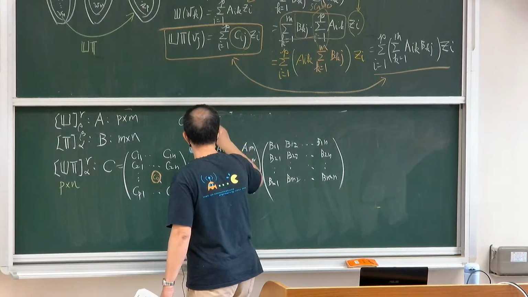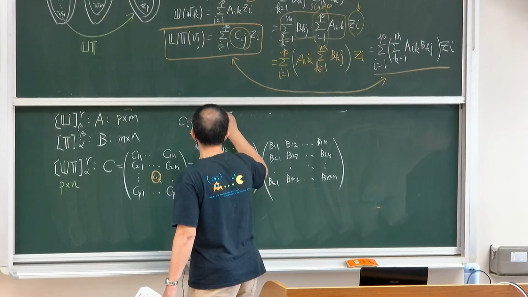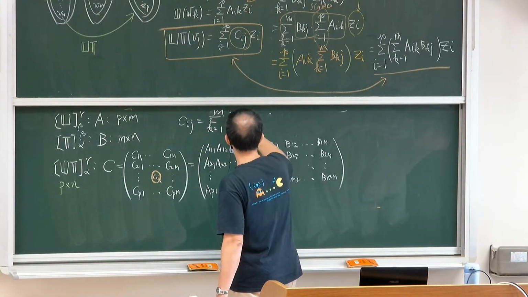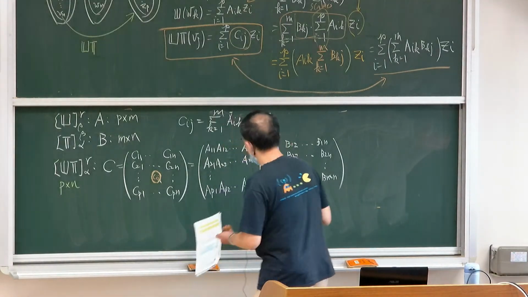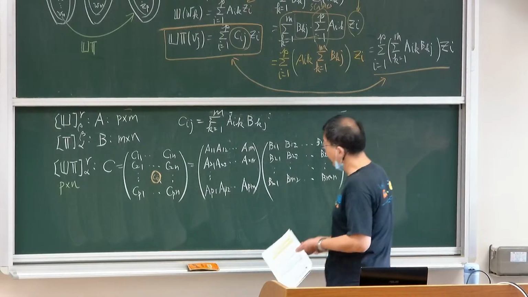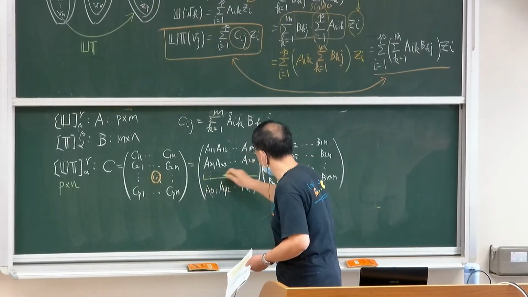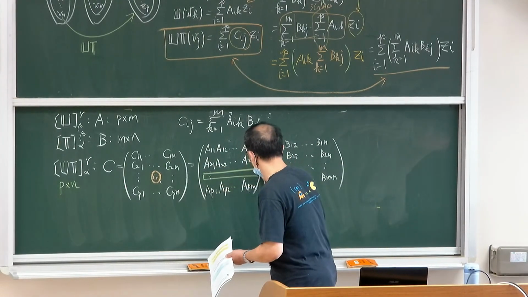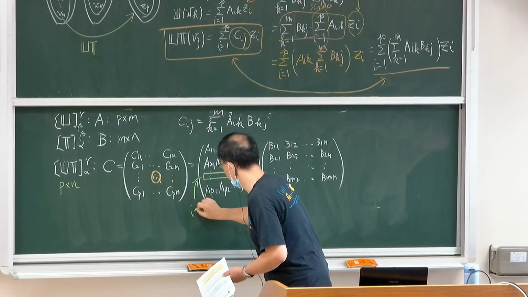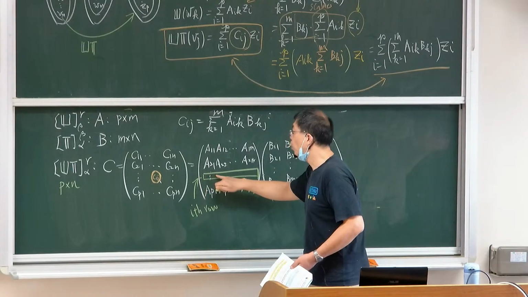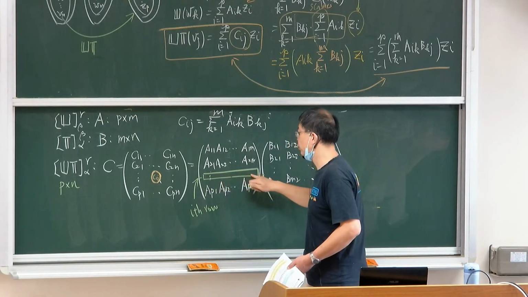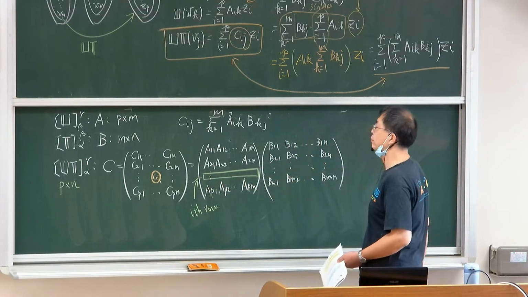So Cij, from the result, equals summation k equals 1 to m, aik times bkj. So that means I have the ith row here. The ith row contains ai1, ai2, ai3 to aim.